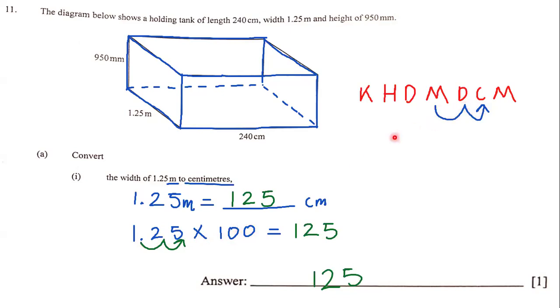When we move over twice, it was 1.25, but it changed to what? 125. And so the answer here is 125 centimeters. So 1.25 meters expressed in centimeters is what? 125 centimeters. Very good.